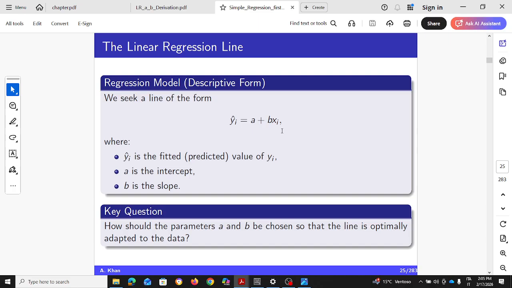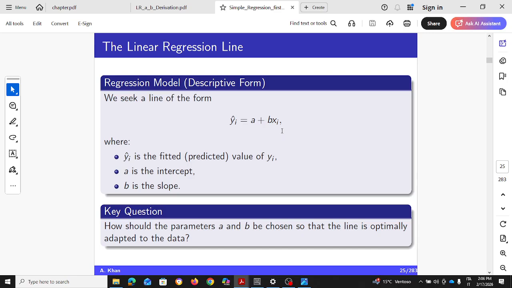Let's say we have a point cloud of data. We have this regression line, and later we will see how to best fit it to the points. But just to make this clear, this is our A, the intercept with the vertical axis, the y.